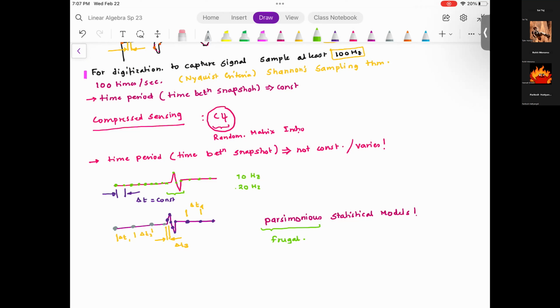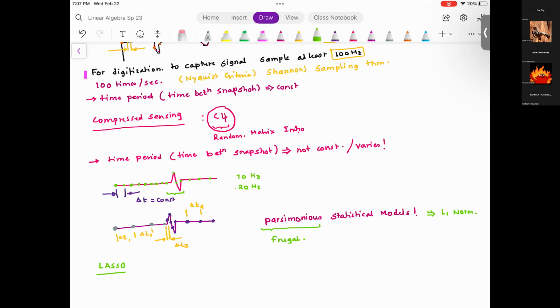So as we discussed earlier, the parsimonious statistical model uses something called the L1 norm, and there is a technique called lasso, which adds a penalty term, and that penalty term allows you to find the parsimonious model or the frugal model.